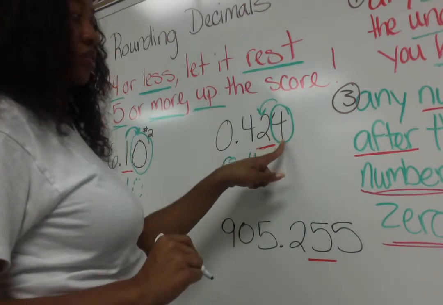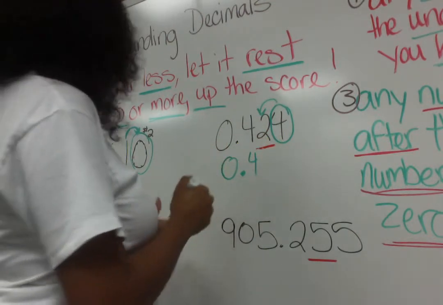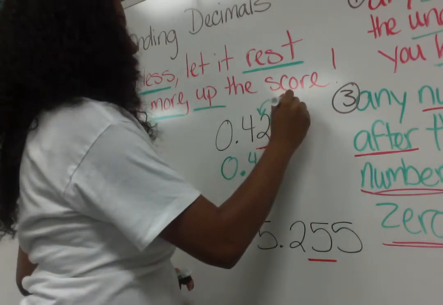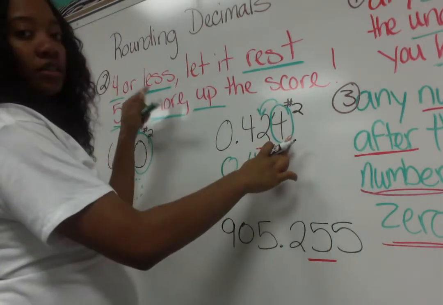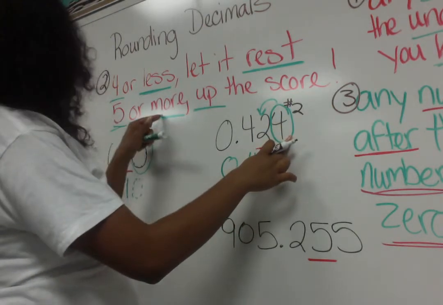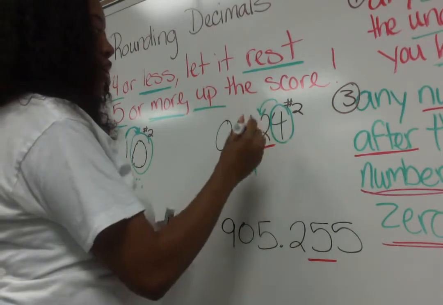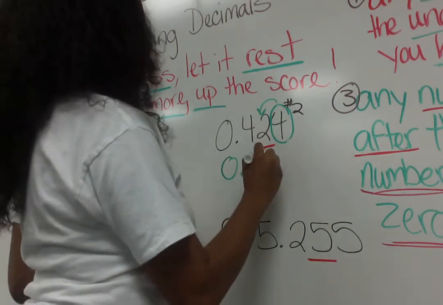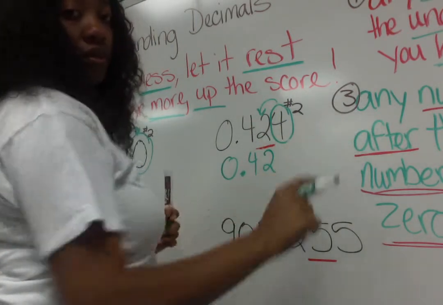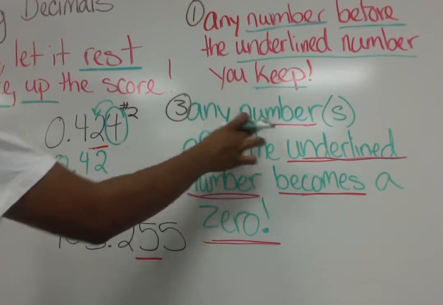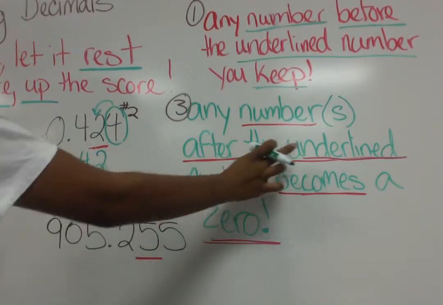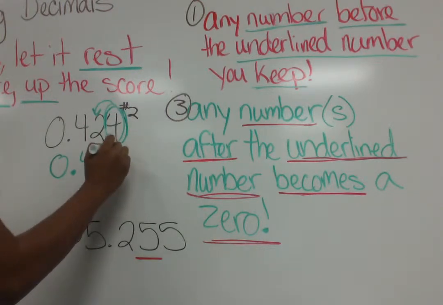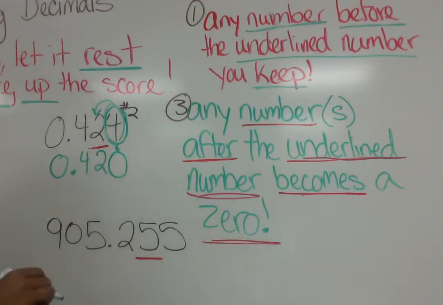I'm going to use what's circled to follow rule number 2. 4 or less, let it rest. 5 or more, up the score. This is a 4, so my 2 is going to stay. Following rule number 3, any number or numbers after the underlined number become a 0. Well, that's where my circle is, so I'm just bringing that circle down. It becomes a 0.